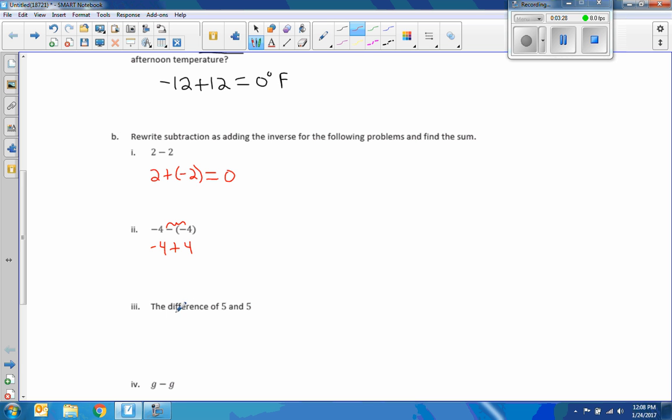Okay? Now this one, and I mentioned in class, the word difference means minus. The word and tells us where to put that minus sign. So the difference of 5 and 5. And that is the same as saying 5 plus its opposite, negative 5, which equals 0.